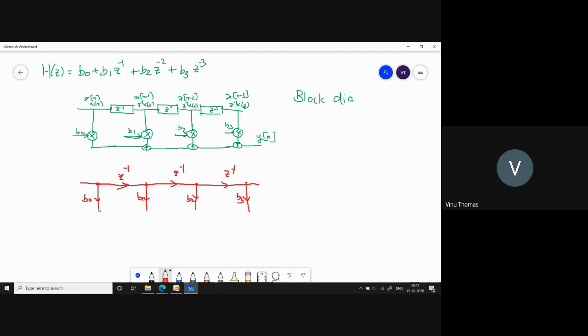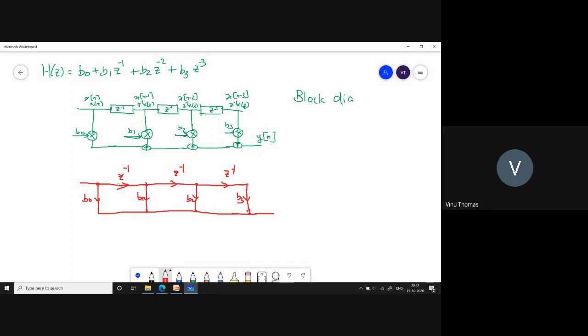And instead of adding, I will just draw it like this. So here I have summing nodes. Instead of representing it using blocks, I will represent it using nodes. So this is the signal flow graph of my filter.